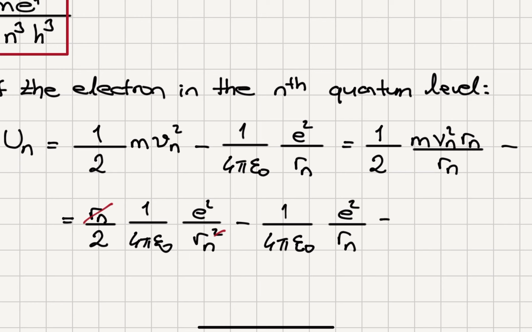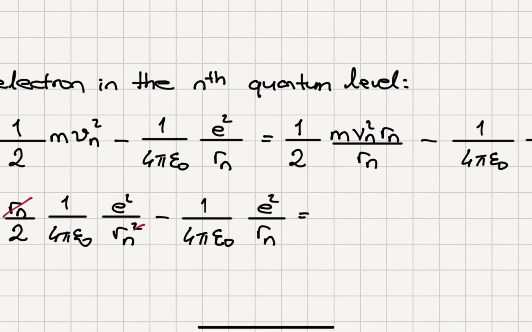And this will give us, it's the same term here, half of it. So you can see this will give us minus 1 over 8 pi epsilon 0 e squared over r sub n.